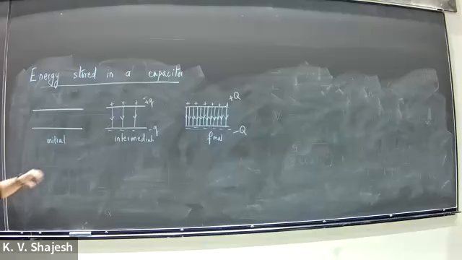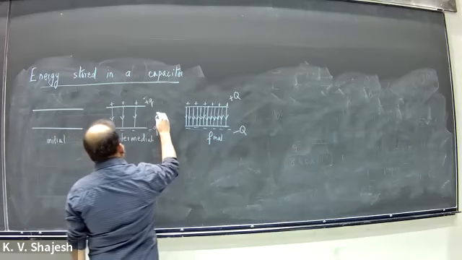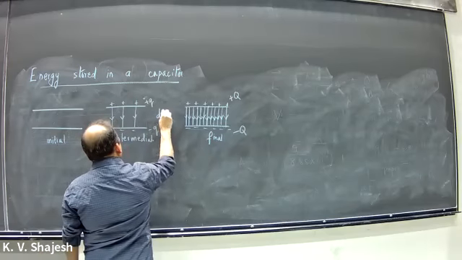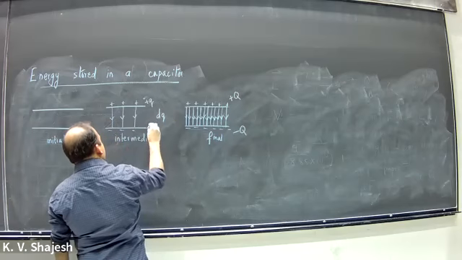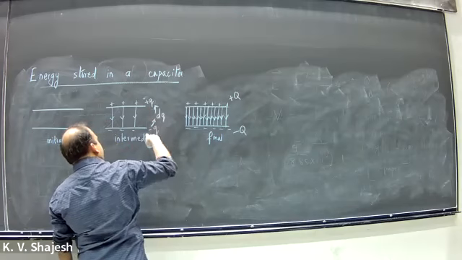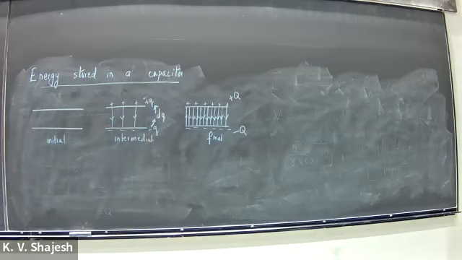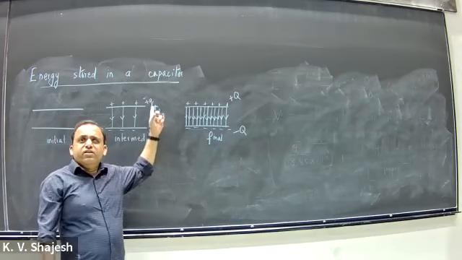So let me talk about an infinitesimal statement. From here to there, let me put a dq, a small amount. Already there is a plus q and a minus q. So I'm moving this to that side. Pluck a small element dq and put it on the other side. And that involves energy, right?